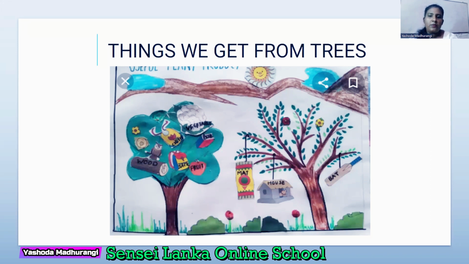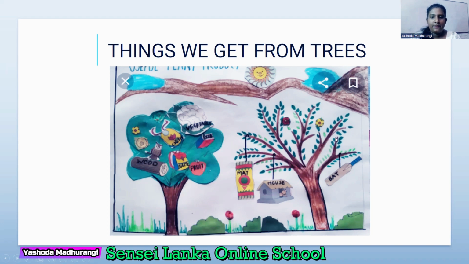Things we get from trees. What are the things we get from trees? Flowers. We can get the branches of them, barks of them, leaves of them. There are many uses. We can get the trunk, flowers, fruits, vegetables from the trees.